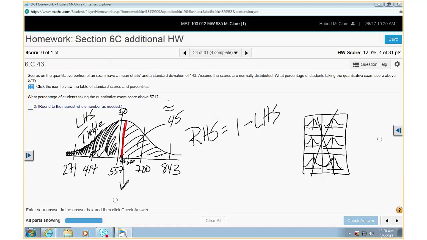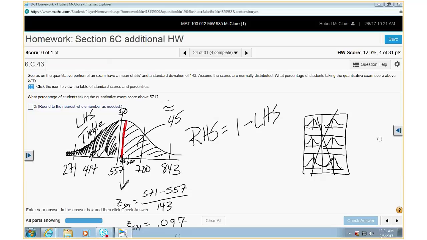So z of 571 is equal to 571 minus 557 over 143. And z-score at 571, official spokesperson, 0.097. Would that be right, common sense wise?